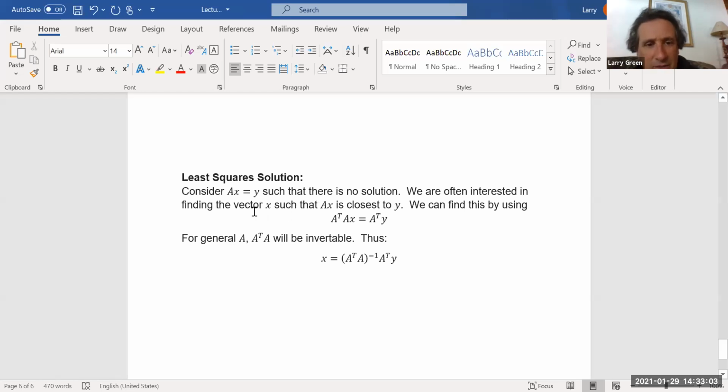And what you do is you take AX equals Y and you left multiply by A transpose. And this is where you trust me that this is a good idea. Do you believe you're allowed to do that? Okay, so we can write down A transpose AX equals A transpose Y. Do y'all believe that that's equivalent to AX equals Y? Okay, why is that helpful?